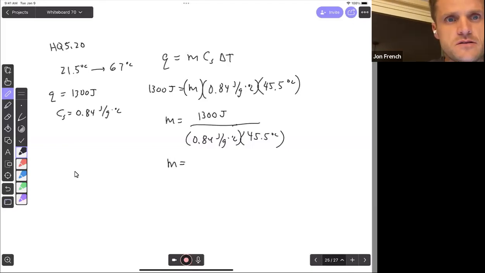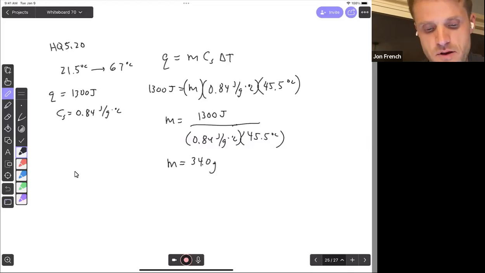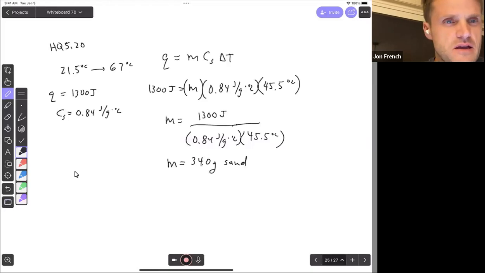The mass of the unknown sand, 1,300 divided by 0.84 times 45.5. I get a mass of about 34 grams of sand.